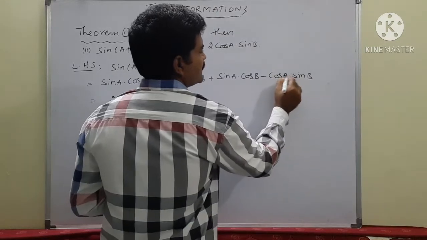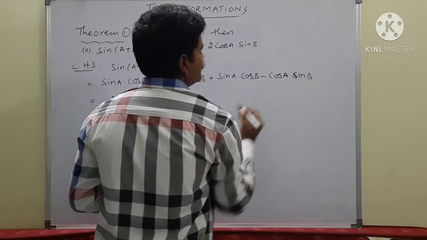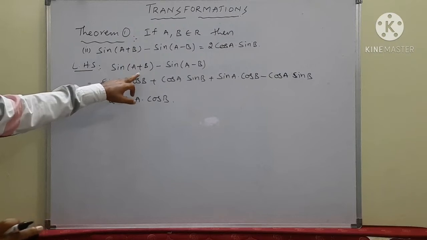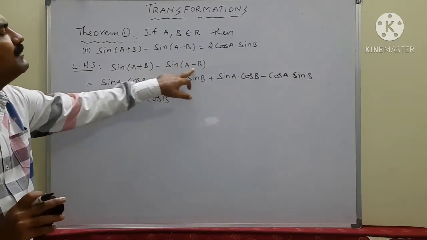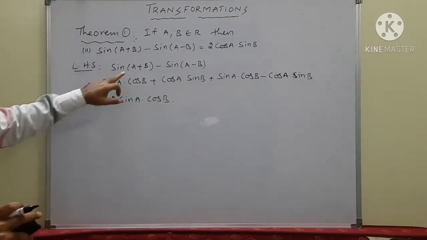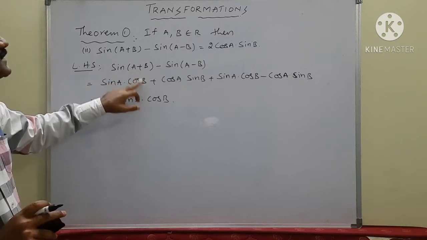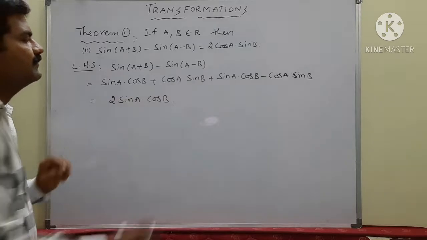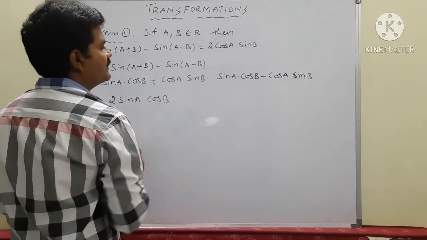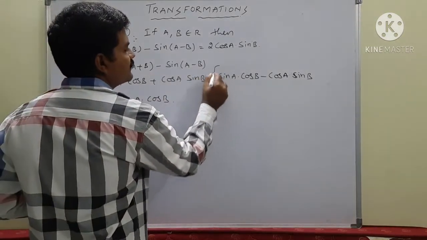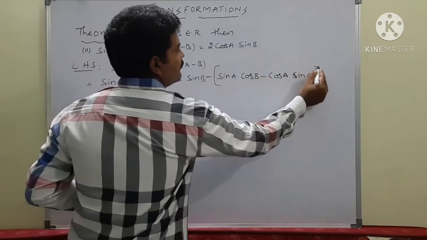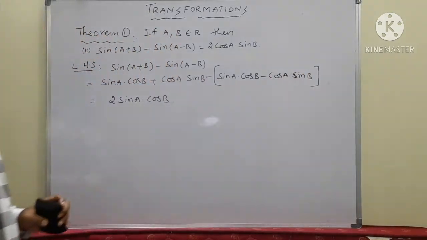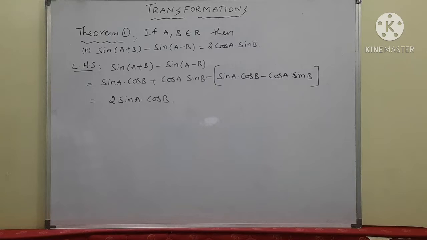So once again write the formula for sin of a plus b and sin of a minus b. What is the formula for sin of a plus b? Sin a into cos b plus cos a into sin b, and the symbol is minus here. So whenever there is a minus, you can keep the bracket.